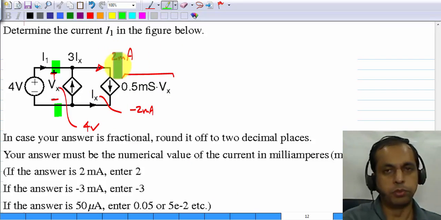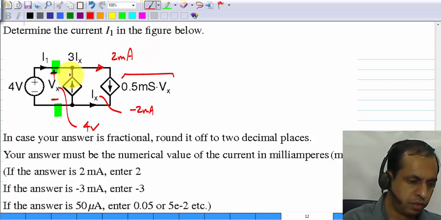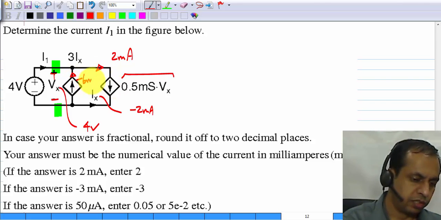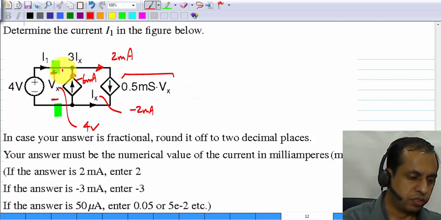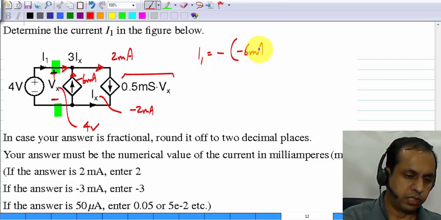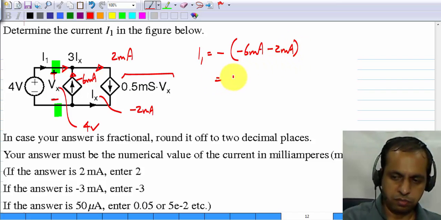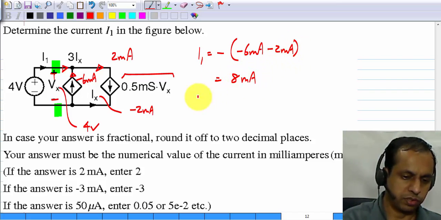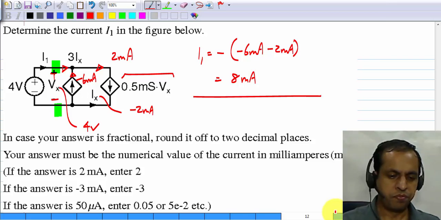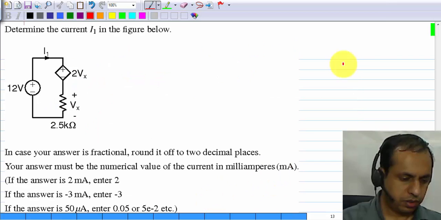It's basically opposite of this 2 milliamperes. So this 3Ix going upwards is minus 6 milliamperes. So I1 is minus of minus 6 milliamperes minus 2 milliamperes, which is 8 milliamperes. So the answer is 8.